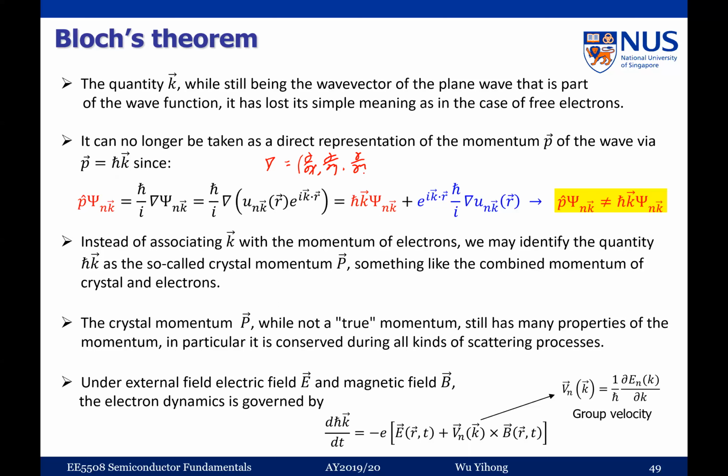So that's why del of e to the power of i k dot r is given by this: when you differentiate with respect to x, you get i k_x, then i k_y, then i k_z, and you still have this e to the i k dot r here, right? So this itself is ik, right? So it's right here, it's ik.